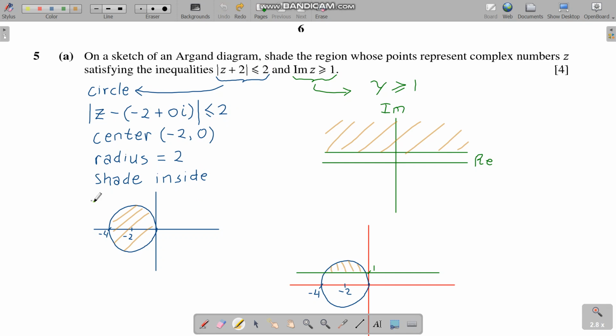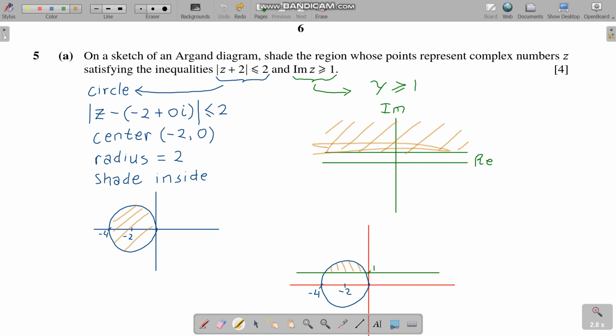You don't have to sketch this separately, but to visualize things, I'm doing it. We have to label the x-intercept, y-intercept, and center of the circle. For this locus, imaginary is like the y-axis, so this is y is greater than or equal to 1.